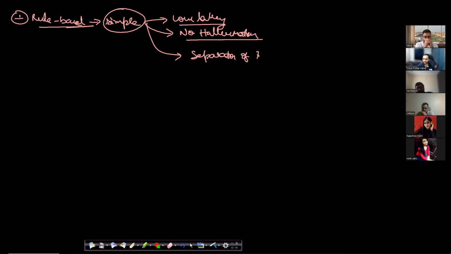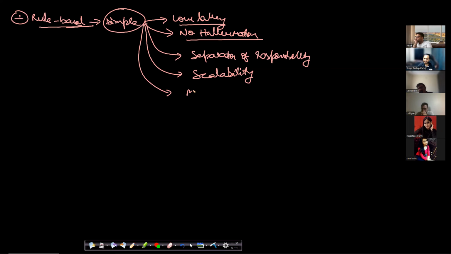Separation of responsibility, modularity, everything comes with this. Scalability comes into the picture because you now have a separate thing altogether. Maintainability will also improve because they both are now separated. Can we add any more points to it?